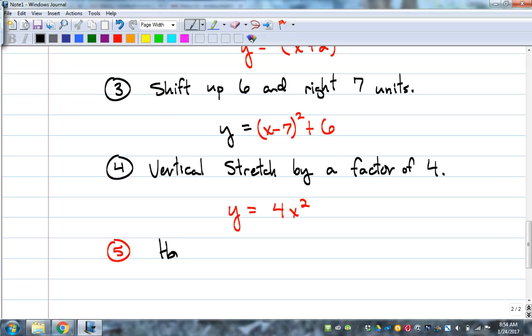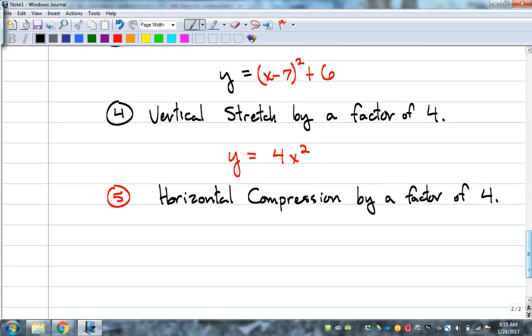Let's do a horizontal compression by a factor of 4. Horizontal compression.